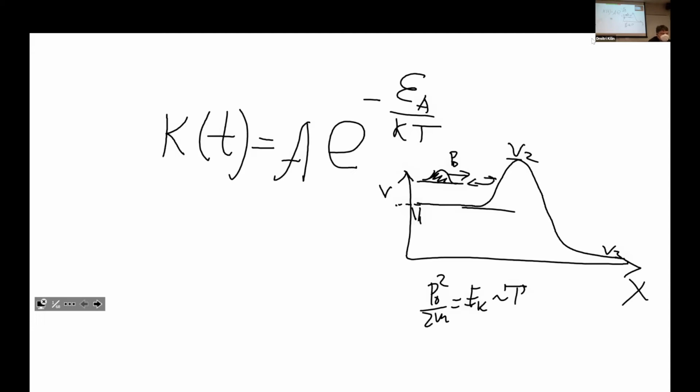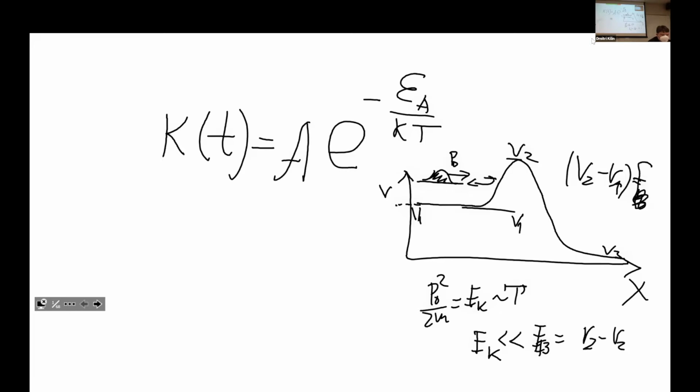And intuitively, if this kinetic energy is less than, in these notations, V2 minus V1, we can call it energy of barrier. Energy of barrier sometimes is different from activation energy. If it is less than energy of barrier, then no reaction.